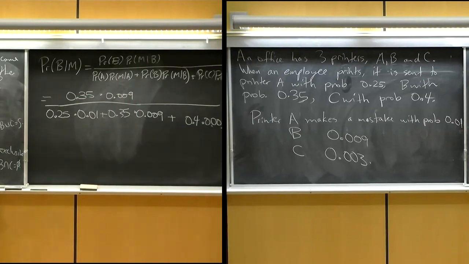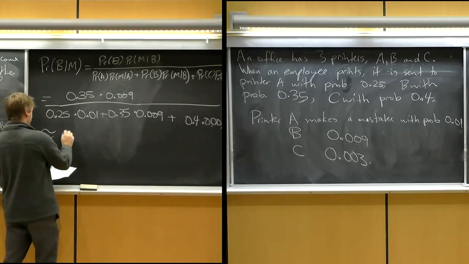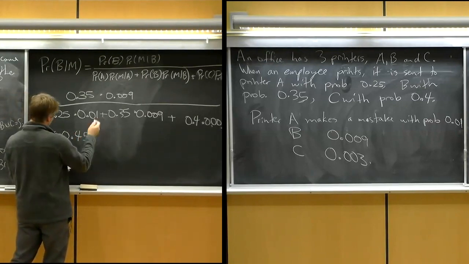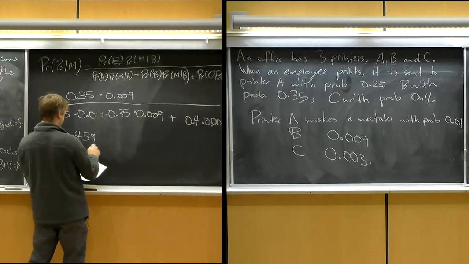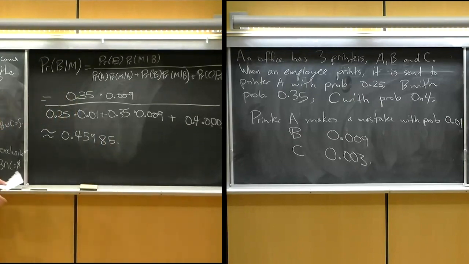At the end of the day, you get something approximately 46%, so it's 0.45985. So actually, if you get an error, there's a pretty good chance it came from B.